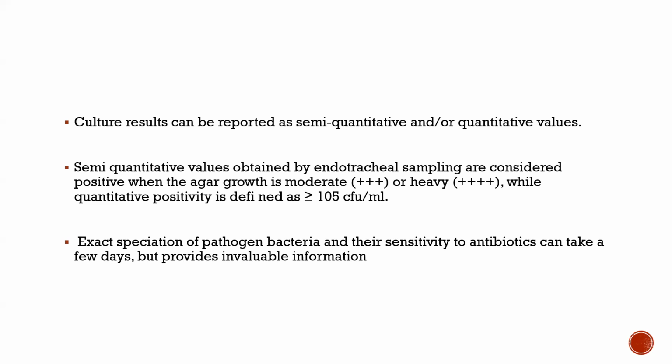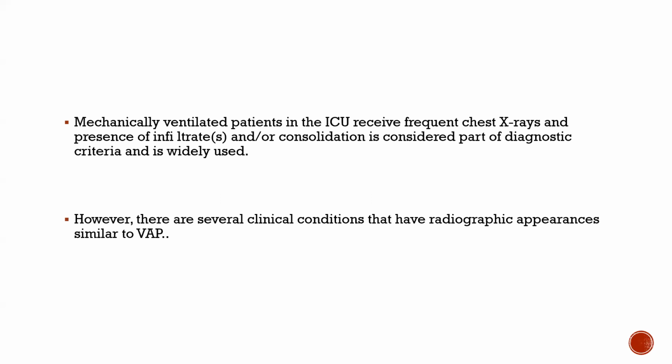Semi-quantitative values obtained by endotracheal sampling are considered positive when agar growth is moderate or heavy, and quantitative positivity is defined as more than 10 raised to 5 colony forming units. Exact speciation of the pathogenic bacteria and their antibiotic sensitivity can take a few days but provides invaluable information.